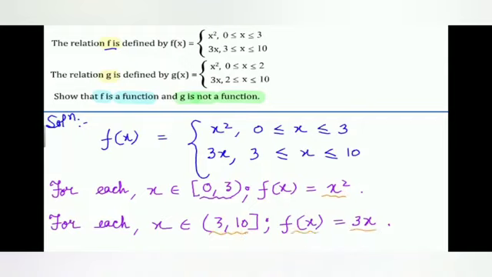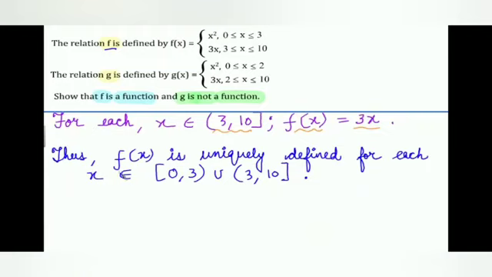So here the function is called a conditional function. The function is defined for each x where x belongs to 0 to 3 union 3 to 10. That means x is defined from 0 to 10, but between 0 to 3 your function is x square, and between 3 to 10 your function is 3x.